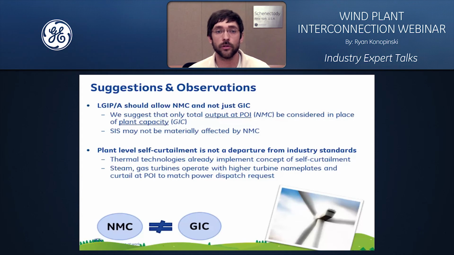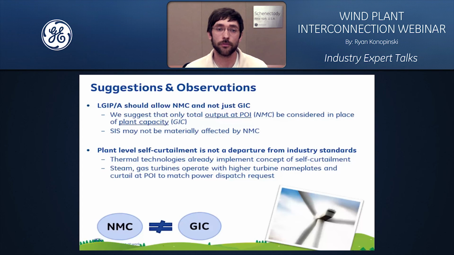What we're arguing for is that the net maximum injection at a particular interconnection point should be considered in place of just the gross capacity of the plant. Under certain circumstances, the system impact study would not be materially affected by the concept of net maximum capacity. But we have also argued that in certain circumstances, the impact study could be affected by changes to the hardware of the plant.